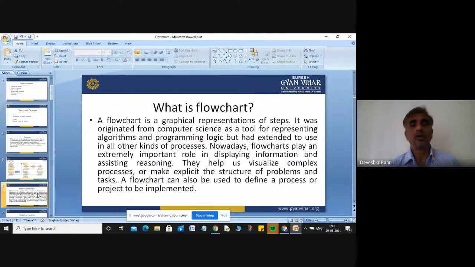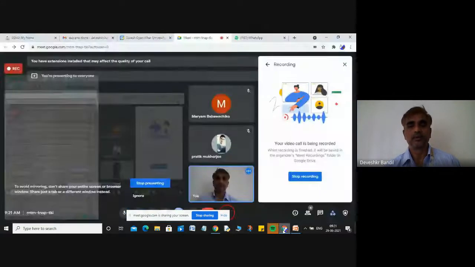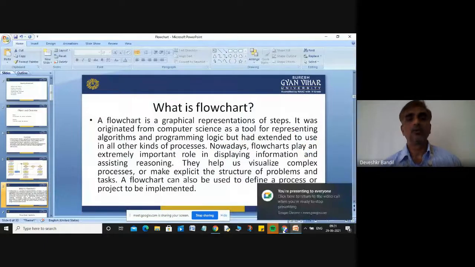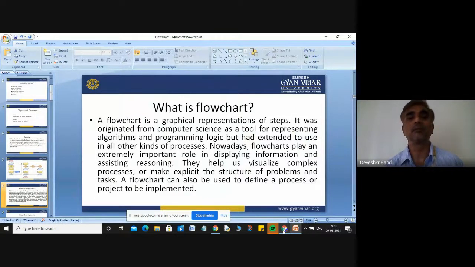And now I will discuss what a flowchart is. As I had told, your flowchart is the graphical representation of your steps. When you solve a problem, when you write the algorithm for any problem, you will write the algorithm sequentially.